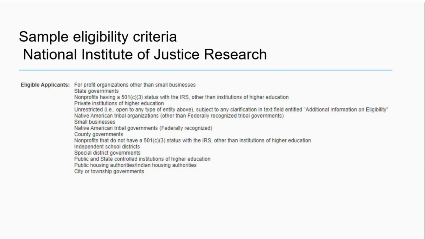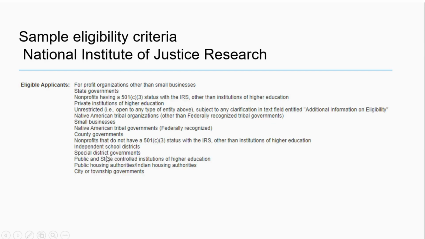You can also apply if you are a Native American tribal organization. You can also apply if you are a small business. If you are a Native American tribal government, you can also apply. If you belong to county governments, you can apply. If you are a non-profit that does not have a 501(c) status with the IRS, you can also apply. This one is also for schools, independent school districts.